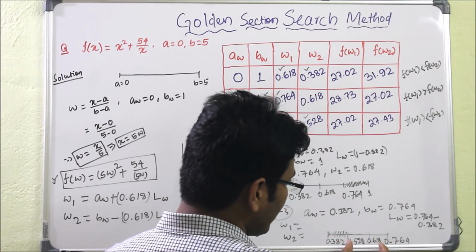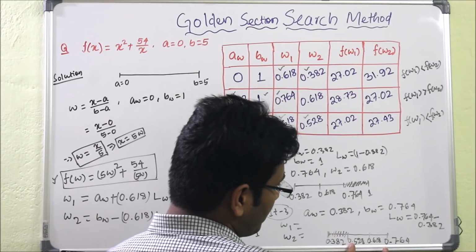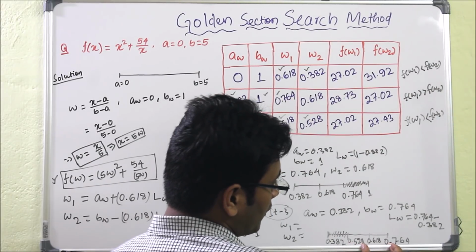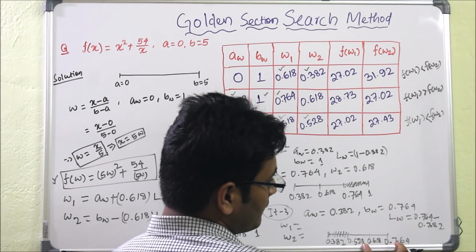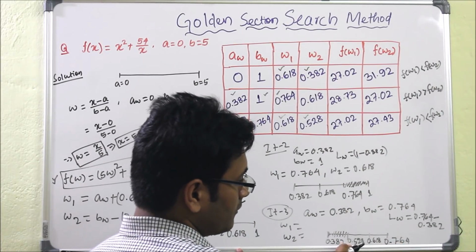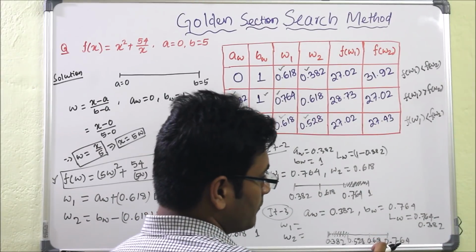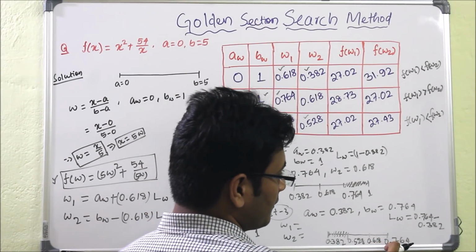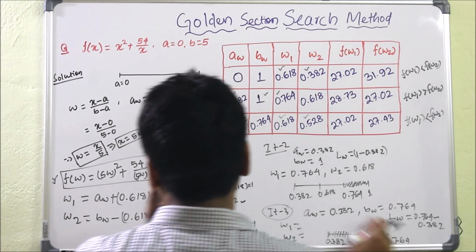Finally we get 0.528 to 0.764, so our new aw will be 0.528 and new bw will be 0.764.